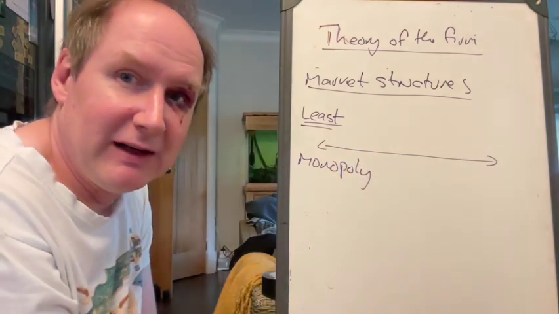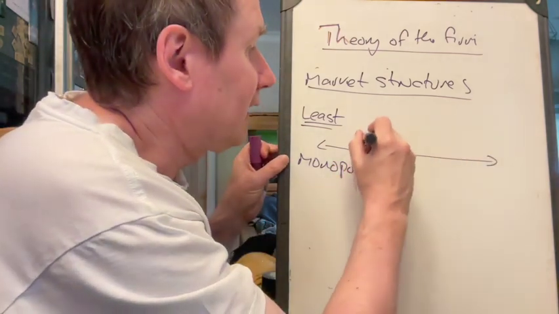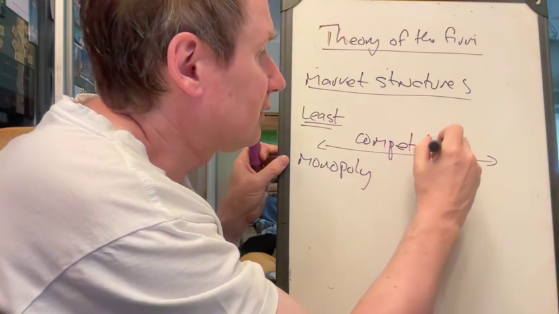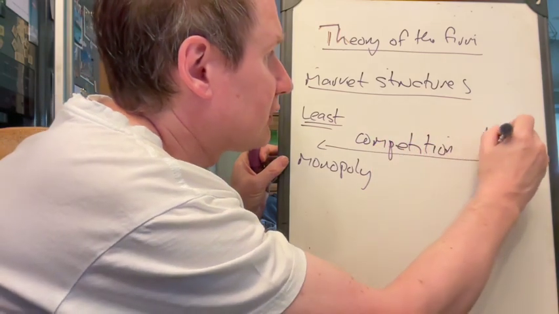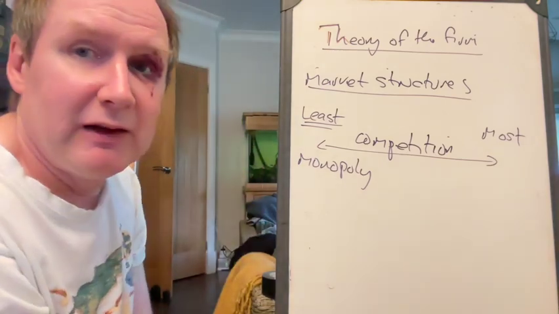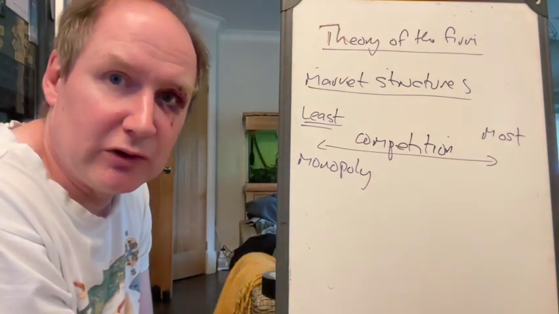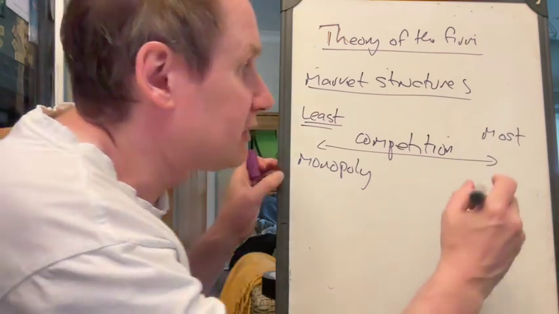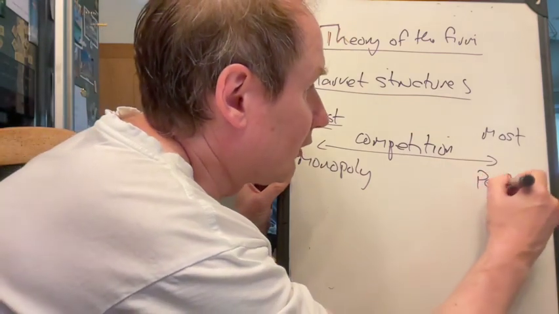If we look at the most competitive market structure, that's something we're going to invent. We're going to create a structure that's totally price competitive. Again, we're going to make some assumptions, and that's going to be perfect competition.